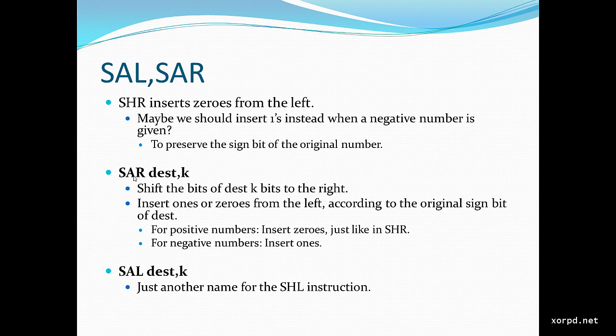But for negative numbers, we insert ones from the left. So this is a pretty smart instruction. It doesn't just pad with zeros from the left. First, it takes a look at the most significant bit, the sign bit, and it just copies the sign bit. For positive numbers, it inserts zeros, and for negative numbers, it will insert ones.